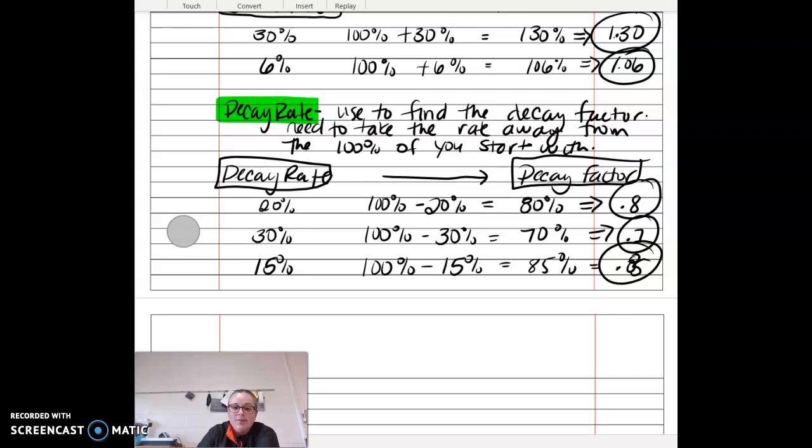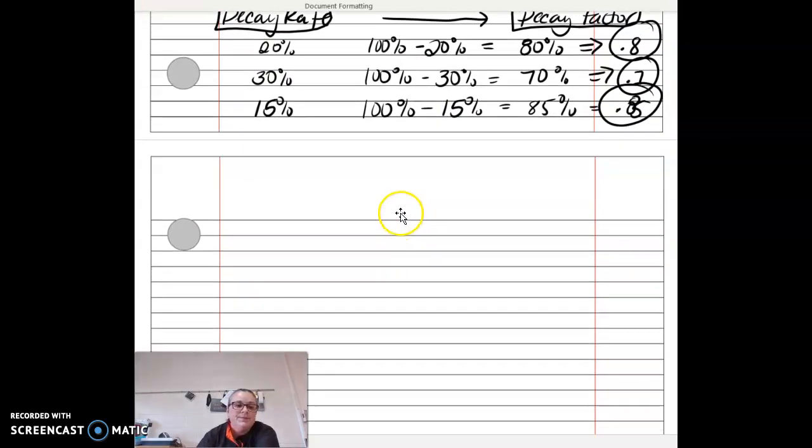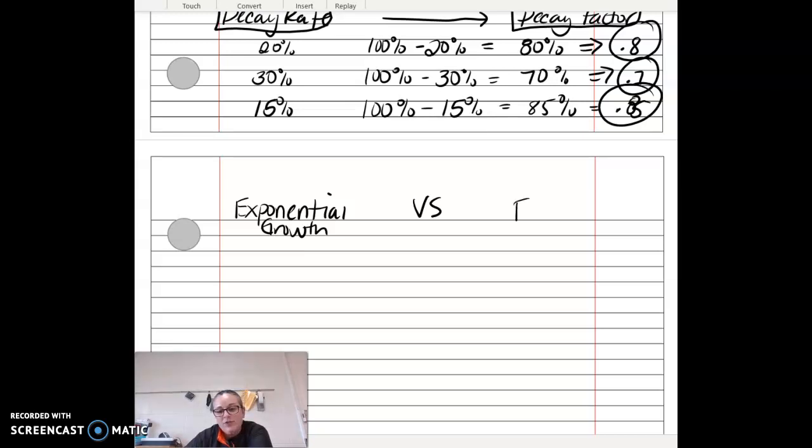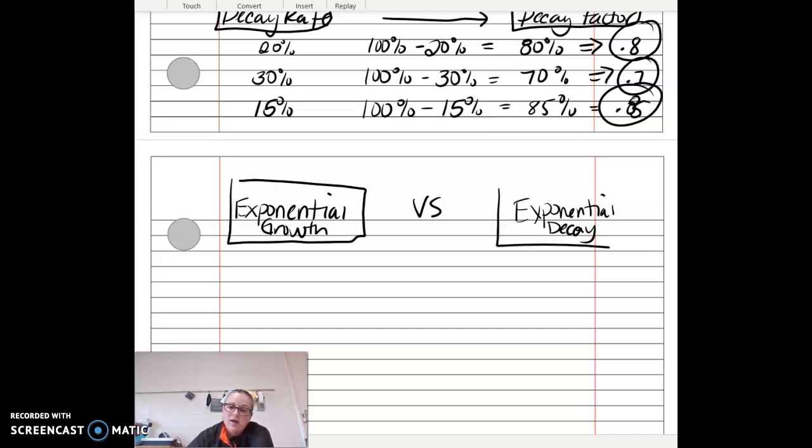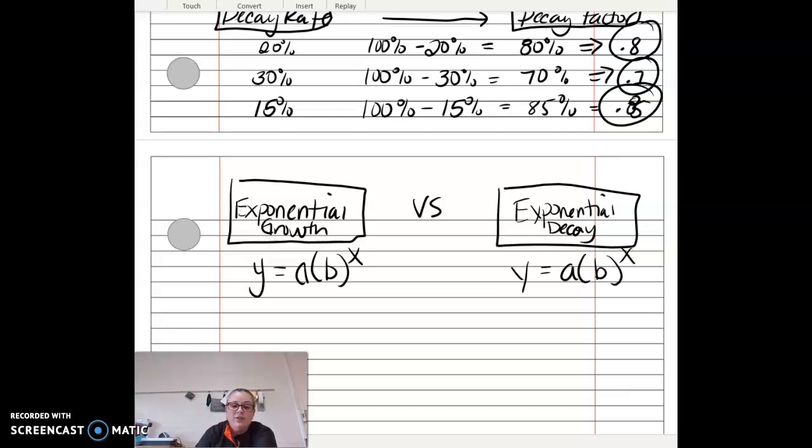So to kind of sum this all up, we have exponential growth versus exponential decay. Both equations use this y equals a times b to the x power because they're both exponential.